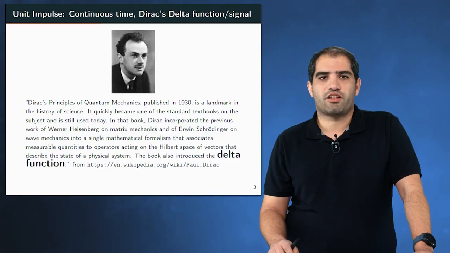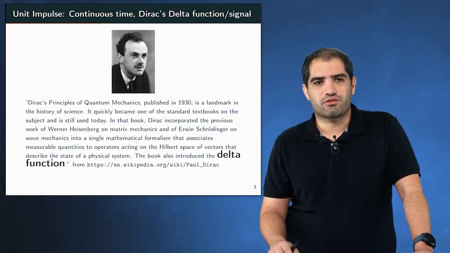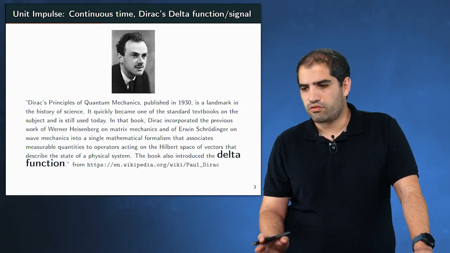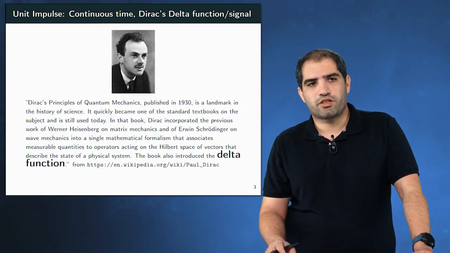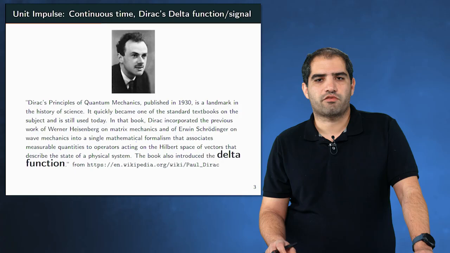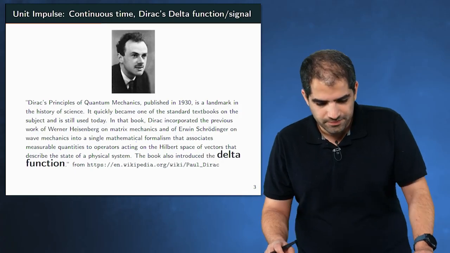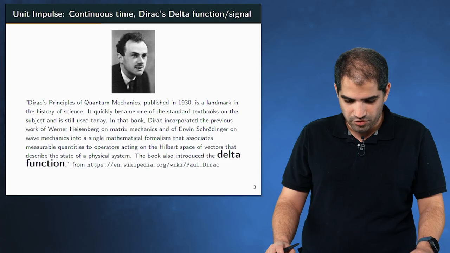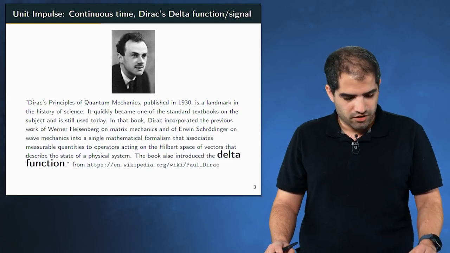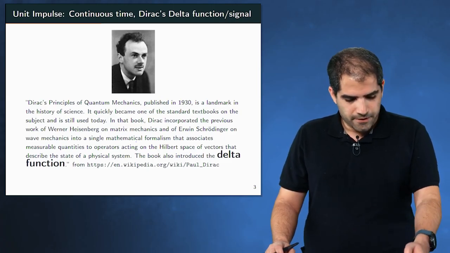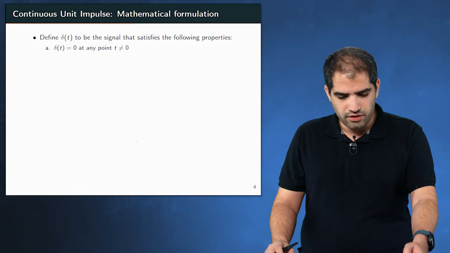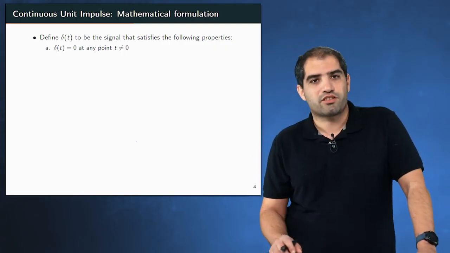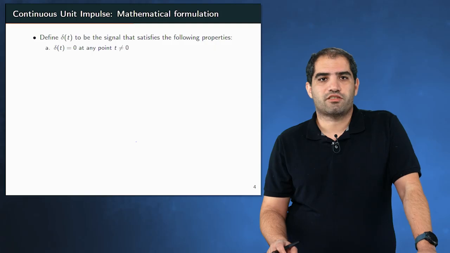After a while, mathematicians could make sense of it using different techniques, including measure theory and distribution theory, functional analysis. Dirac himself got a Nobel Prize, and he was one of the prominent physicists of the last century. And the unit impulse in continuous time is called Dirac's delta function.